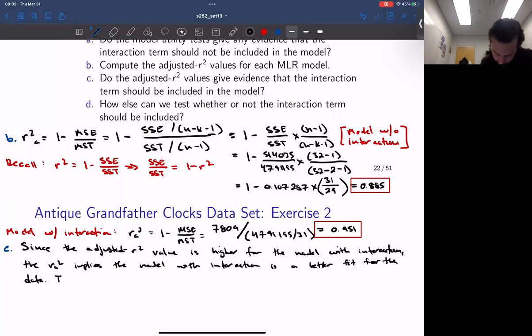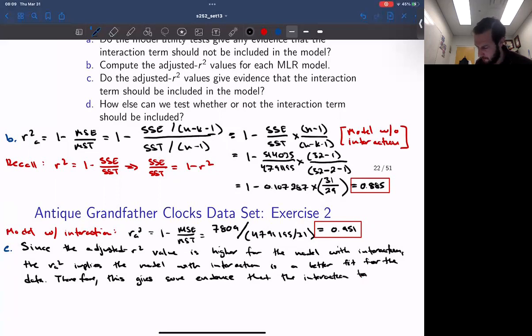And so therefore there is some evidence that the interaction term should be included.